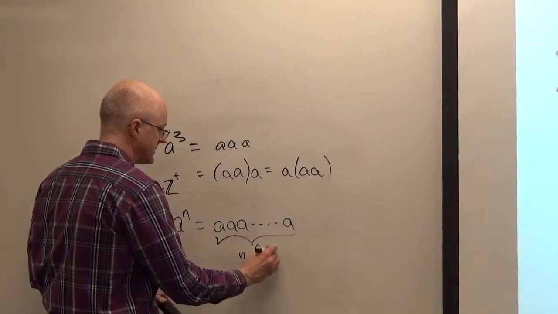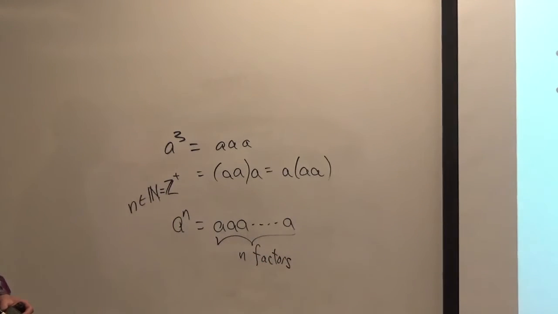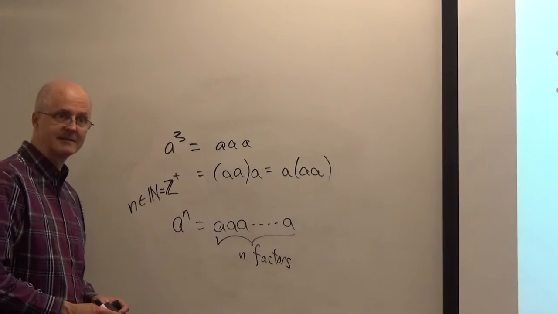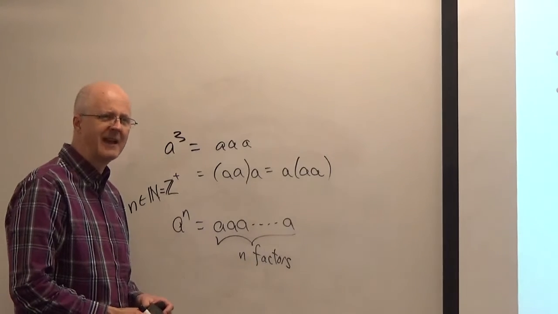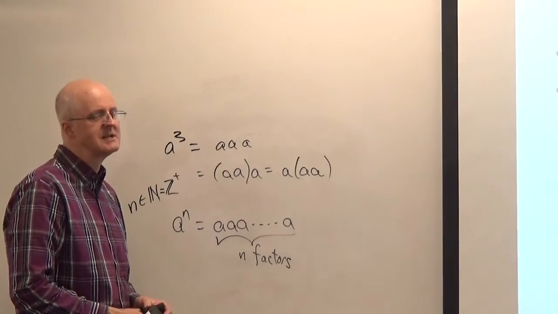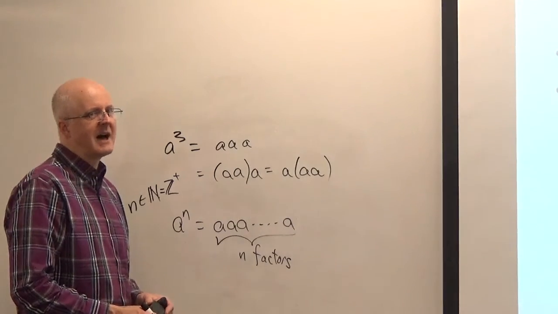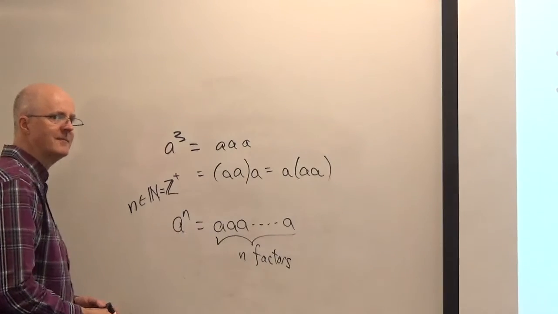There would be n factors here. And again, because of the associative law, you can write it like this. Technically speaking, that should be proved with induction, but it's not a real pleasant proof, so I think we'll leave that.